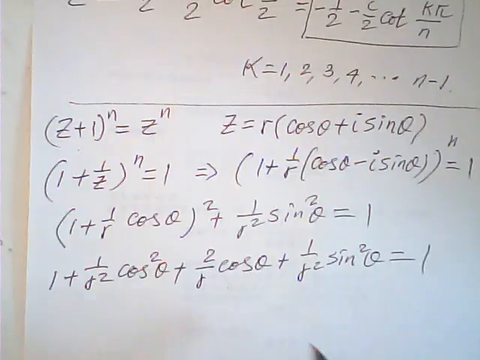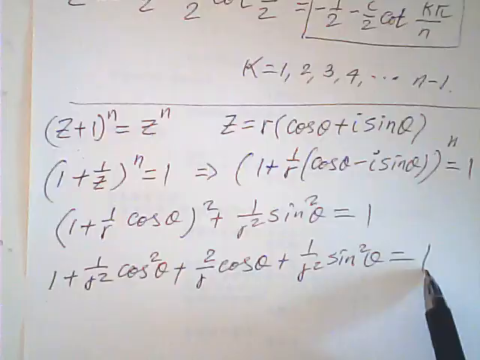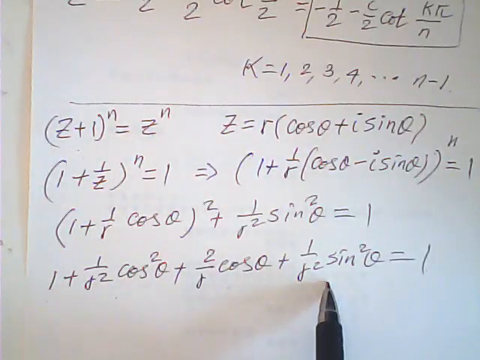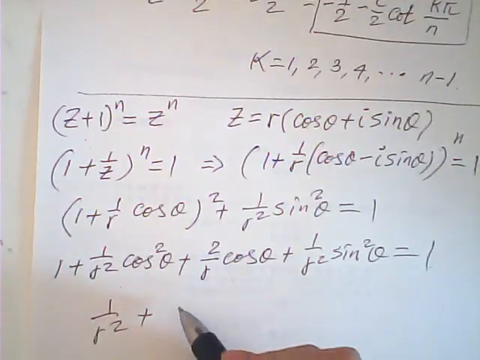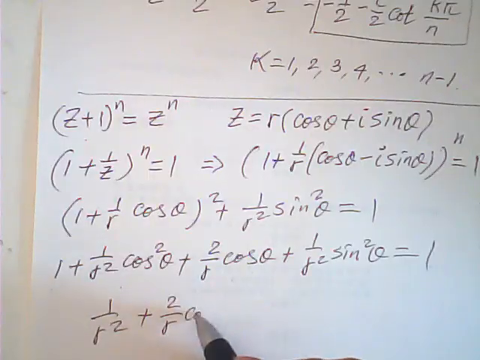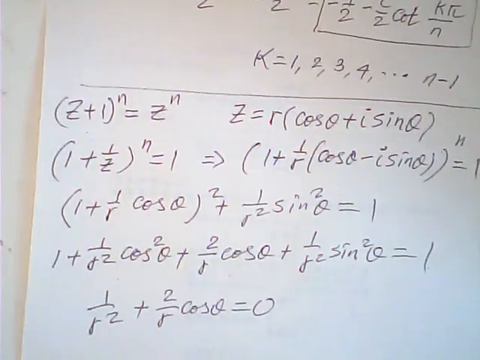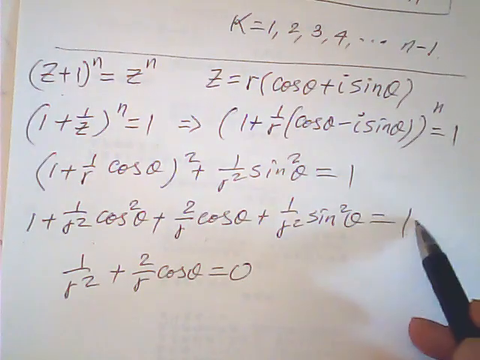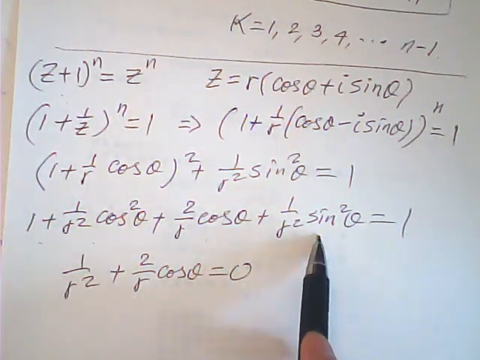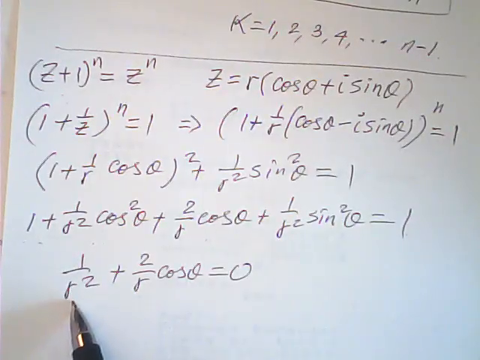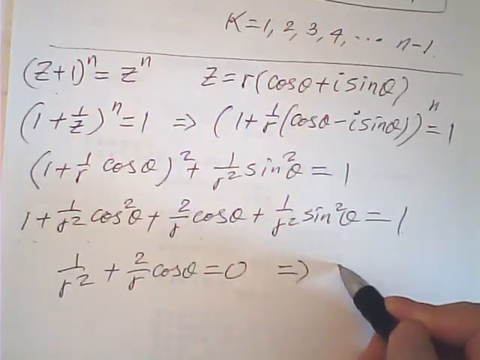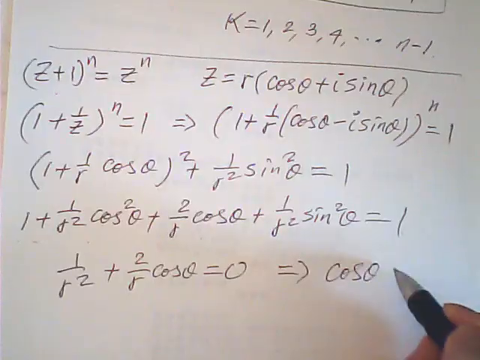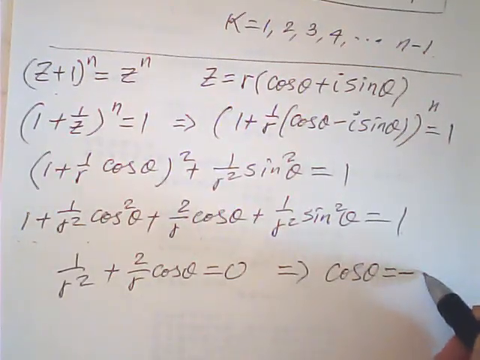Now 1 and 1 cancel out. Cosine squared plus sine squared gives 1/r squared, so 1/r squared plus (2/r) cosine theta is equal to 0. From which we know that cosine theta is equal to negative 1 over 2r.